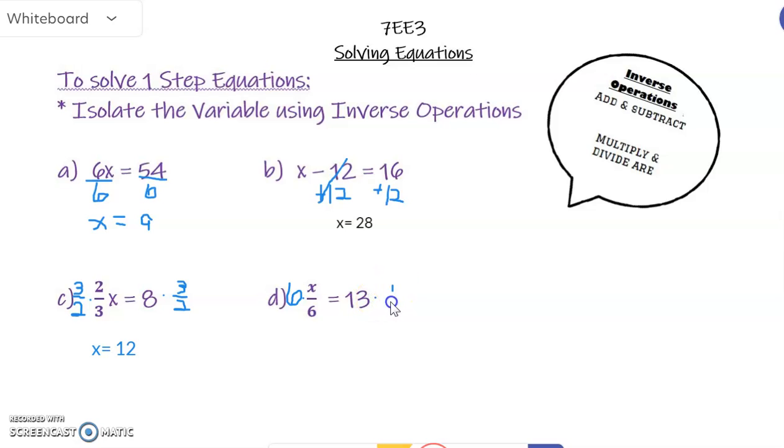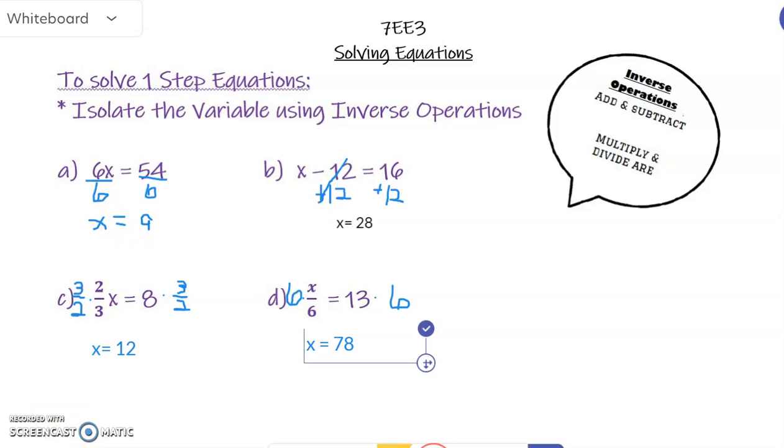So we're going to multiply by 6. And when we multiply 6 times x over 6, these two 6's cancel out, and we're just left with x on this side. And then on the other side, 13 times 6 is 78, so x is 78 there.